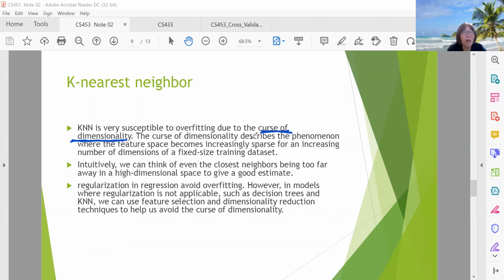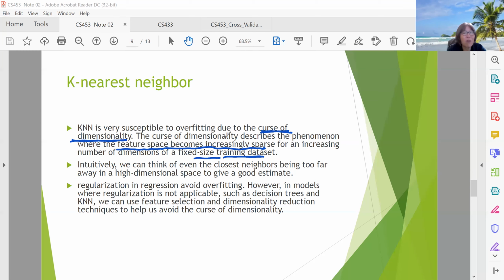What is this? It describes a situation where the feature space becomes increasingly sparse as the number of dimensions increases, but your training data set is a fixed size.